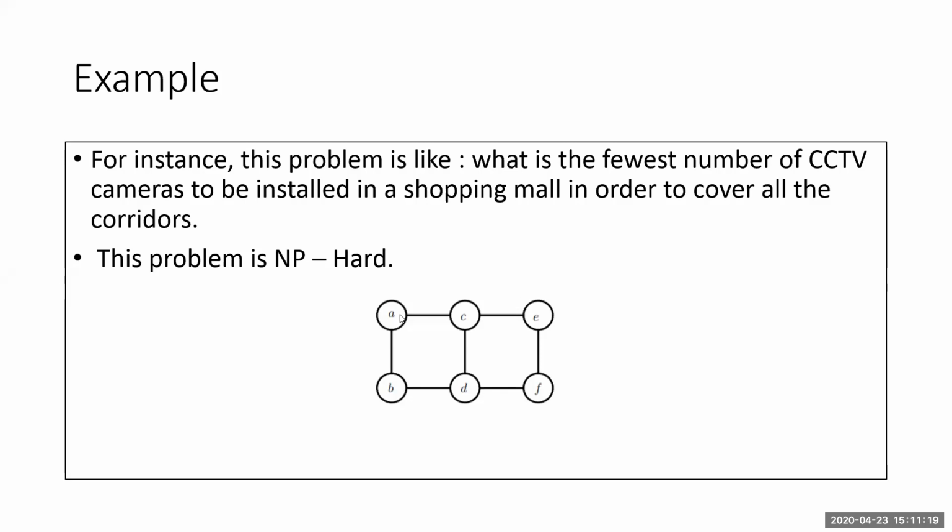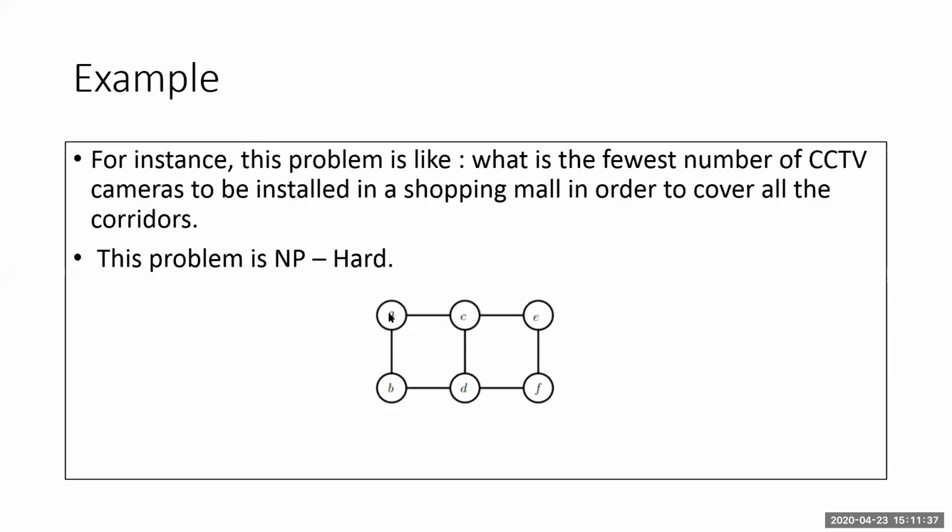Now imagine that all these A, B, C, D are the endpoints of the walls. So you have a corridor from A to C, this corridor from C to E, and this corridor from E to F. Every corridor needs to be covered, so you need to choose the places where you keep your CCTV cameras.